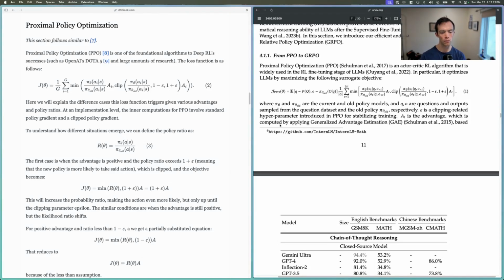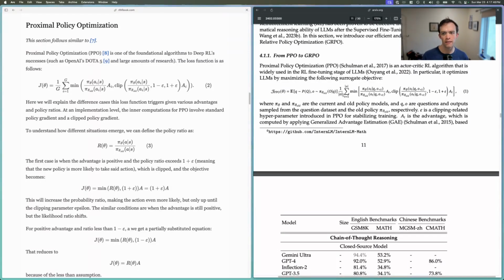If you have a probability of a sequence from a language model, you essentially have to sum across the probabilities from the language model. Each token has a probability, and if you take the log of this, you're going to get a sum of log probabilities. So that sum is the sum from t equals 1 to O. You're looking at the probability of each token and weighting it relative to the advantage.